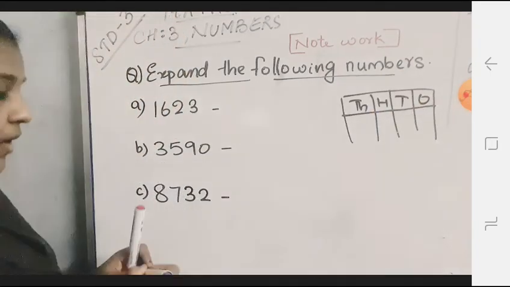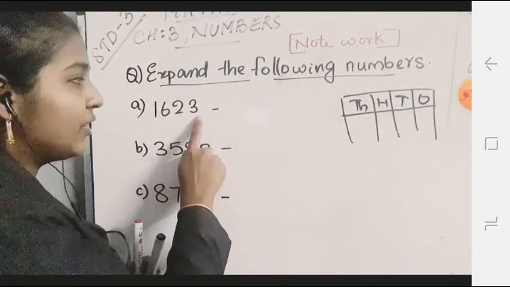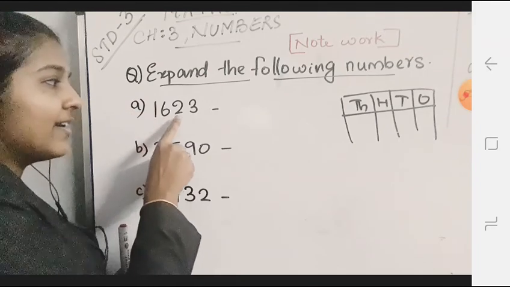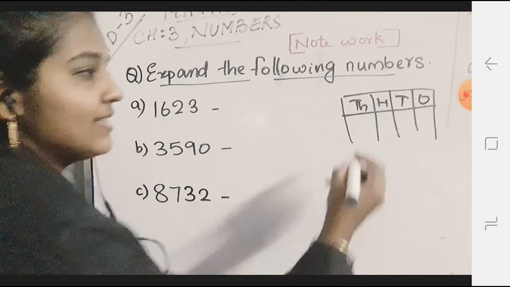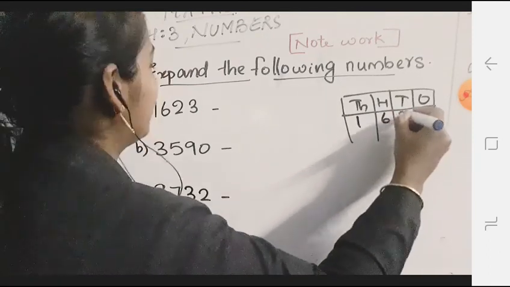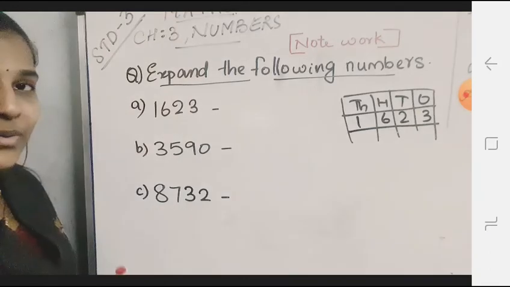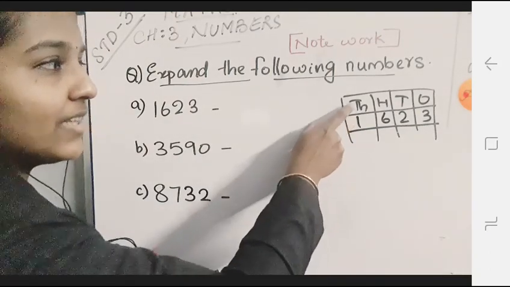Now the first number, that is 1623. So 1000s are here, 600s are here, 2 tens are here and 3 ones. So let's arrange 1, 6, 2, 3. Look children, now you can easily write the expanded form because 1 is in thousands place.